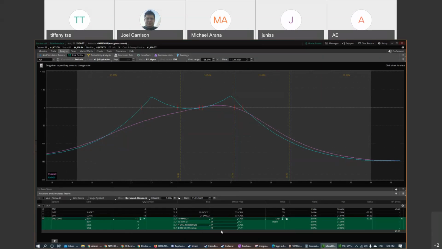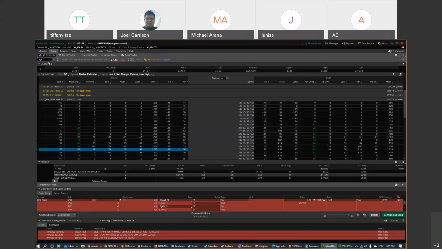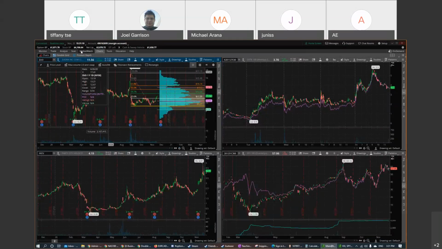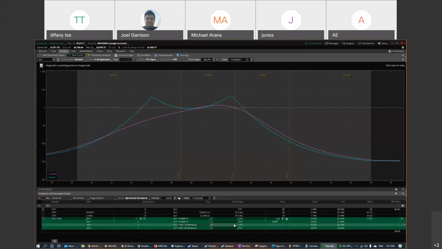But you also have to consider, okay, if we're trading at 27, what is XLF trading at right now? $27. We'll adjust it to a point that might be possible.